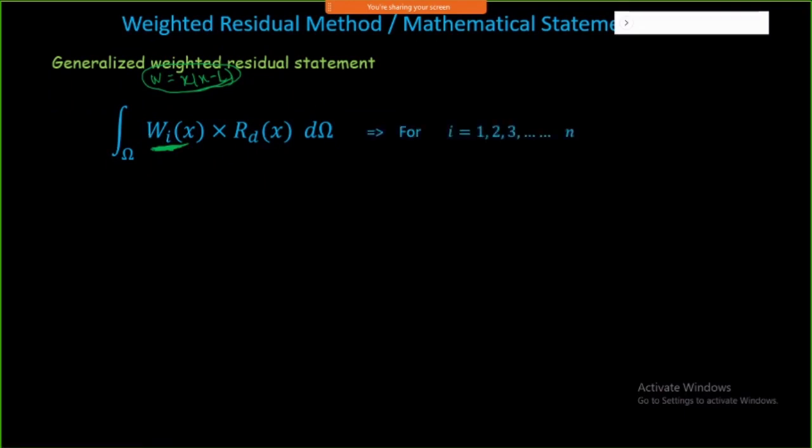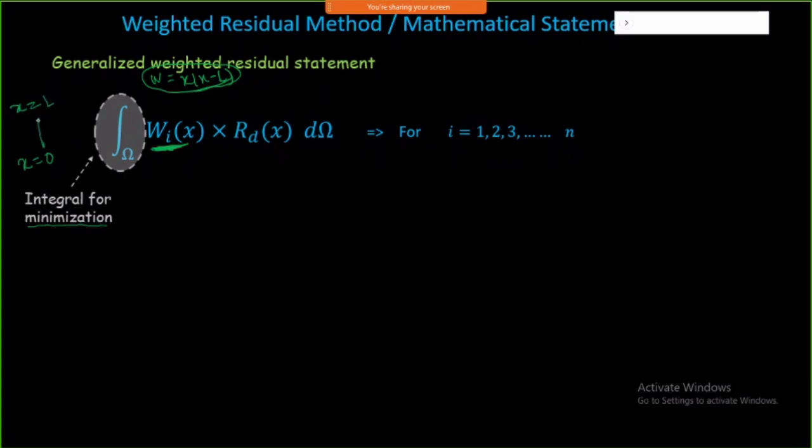Now look at the integration we typically use for a minimization purpose over the domain. If I am taking a beam or any kind of problem, I start with x equal to 0 and x equal to l. This is my domain. I am going to integrate over this entire 0 to l.